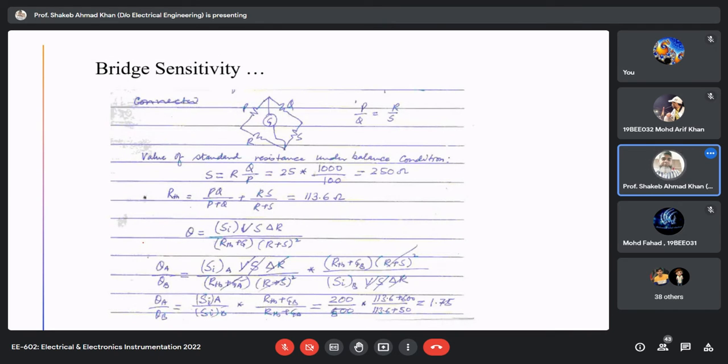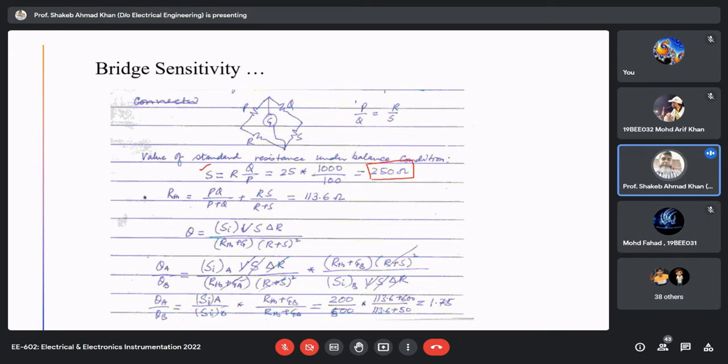So the calculation is very simple. We already have the expressions. First of all, we'll calculate the remaining arm resistance. P, Q, R, S, whatever is given in the problem, are the initial values on which your bridge is balanced.